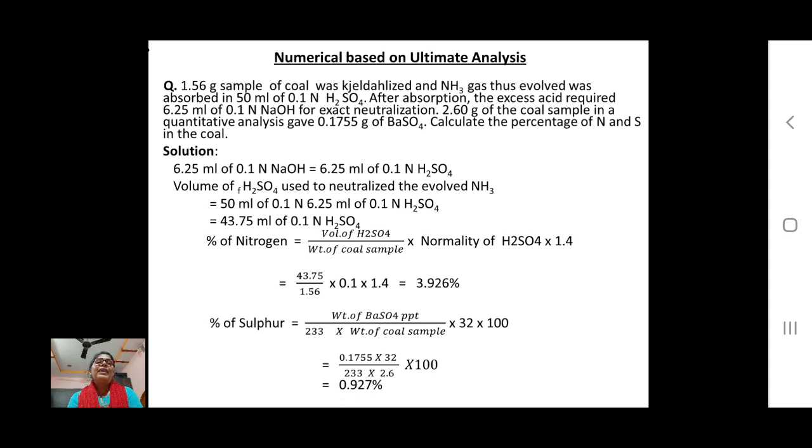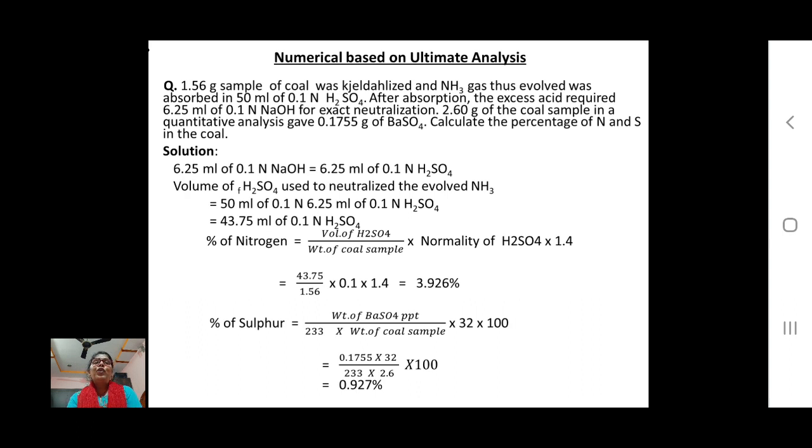After absorption, the excess acid required 6.25 milliliter of 0.1 normal sodium hydroxide for exact neutralization. So this excess acid is the unused acid. This is the another part. 2.6 gram of the coal sample in the quantitative analysis gave 0.1755 gram of barium sulfate. So calculate the percentage of nitrogen and sulfur in the coal.